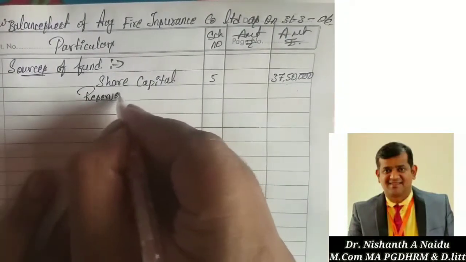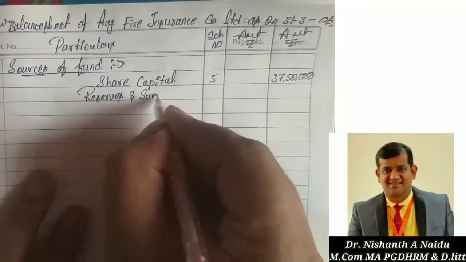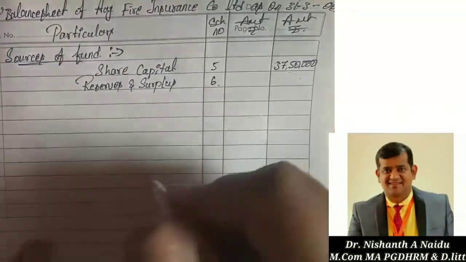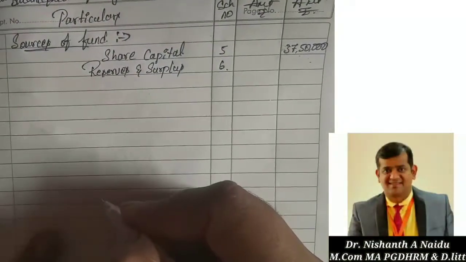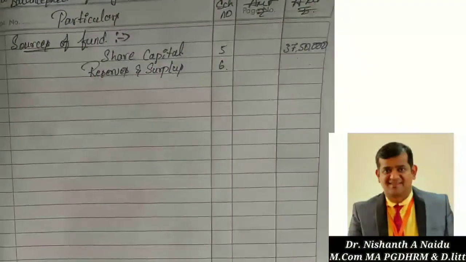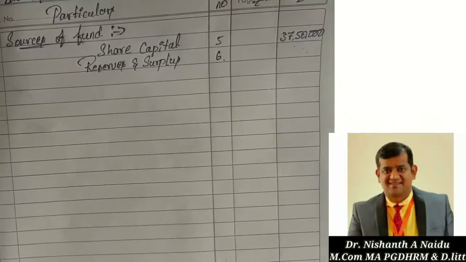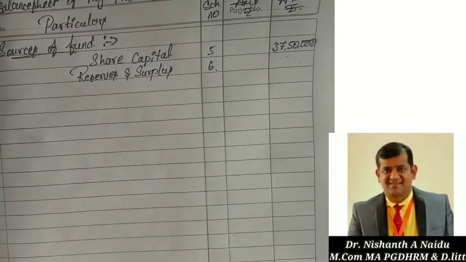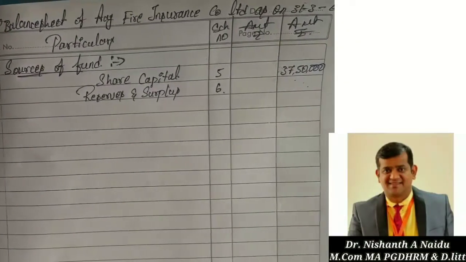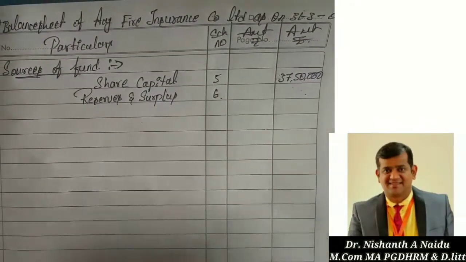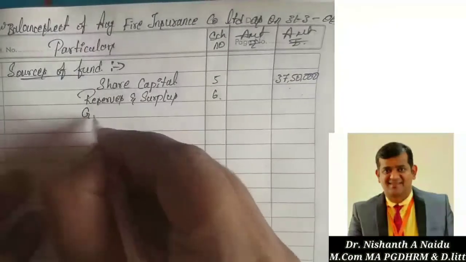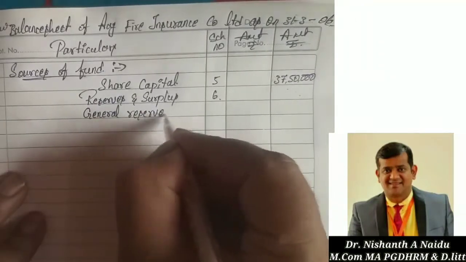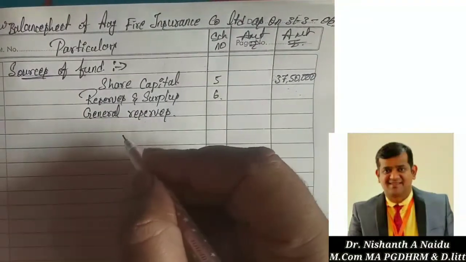Okay, then we have reserves and surplus, schedule number 6. Here we write all kinds of reserves and surplus, whatever there is, so that we are going to record. Under that, take down general reserves. Check in the problem how much they have given for general reserves.